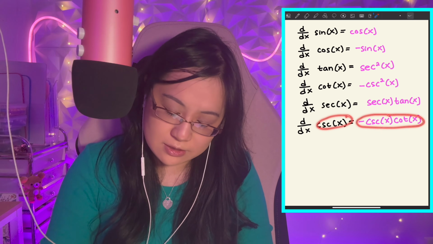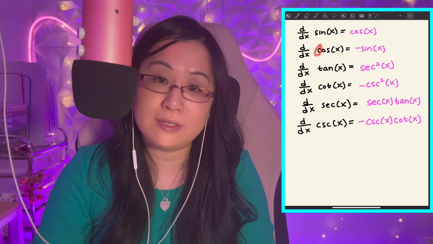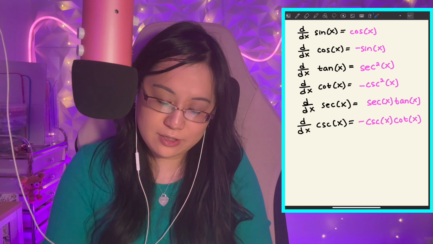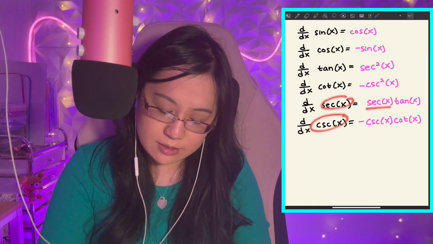The derivative of cotangent is negative cosecant squared, and the derivative of cosecant is negative cosecant cotangent. So the C ones, for what this is worth, are negative. So you can remember that. And then we have the pattern of something squared for tangent and cotangent, and for the other one we have the same function.